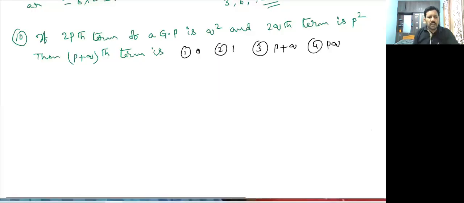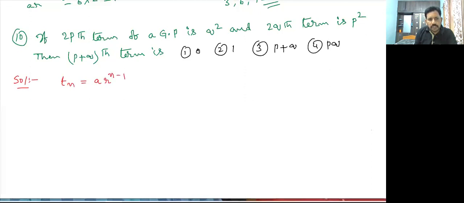Now, what is the nth term of a GP? Its formula: nth term Tn is equal to a into r power n minus 1. But they are asking the T 2pth term. That means a into r power 2p minus 1.